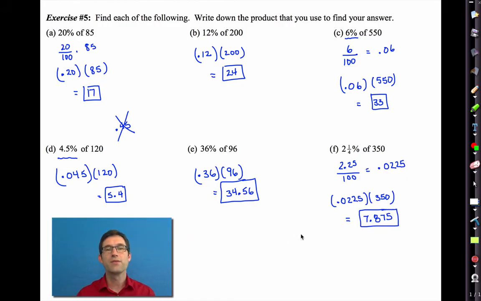All right, so hopefully that makes some sense. Very, very important to have this trick down. All right, so I want you to pause the video, take as much time as you need to, look at these problems, rework through them if you have to, but understand the trick to finding the percent of a total by multiplying by its decimal equivalent.